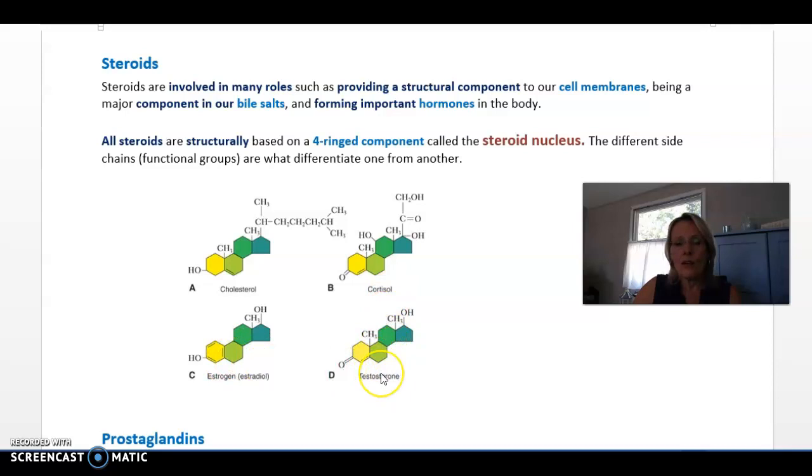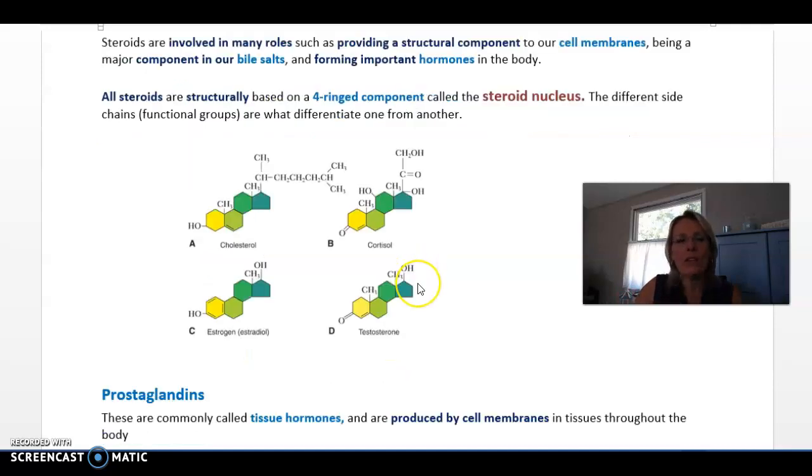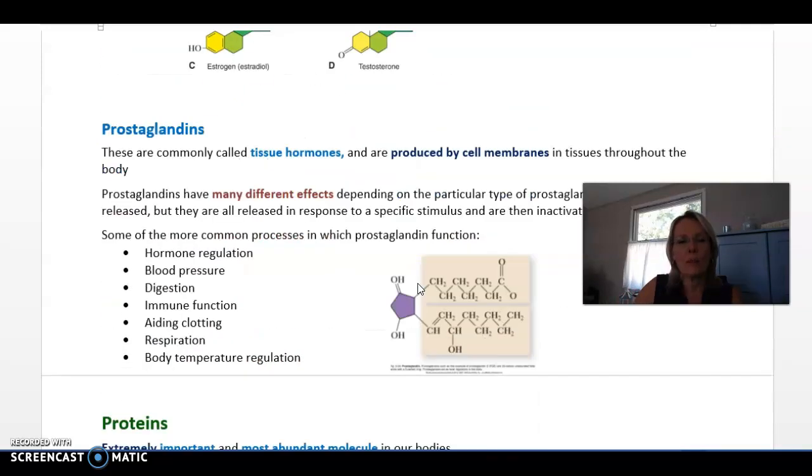Down here you have the quote-unquote sex hormones, right? Estrogen and testosterone. So you can see they're very close to one another, but boy, do they have some different effects, huh? All right, and there's many other molecules that have steroids associated or are steroids, but this gives you an example of that type of lipid.